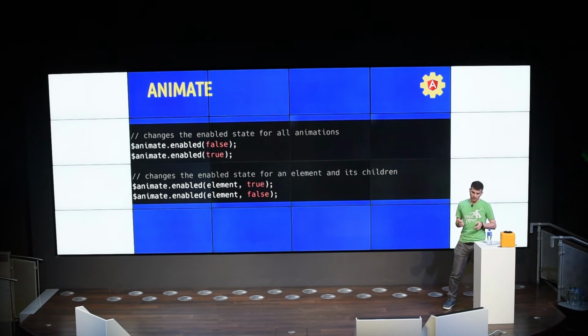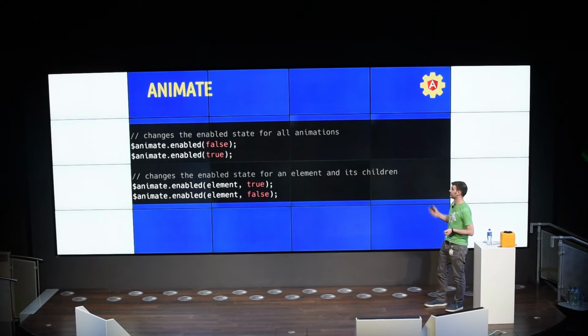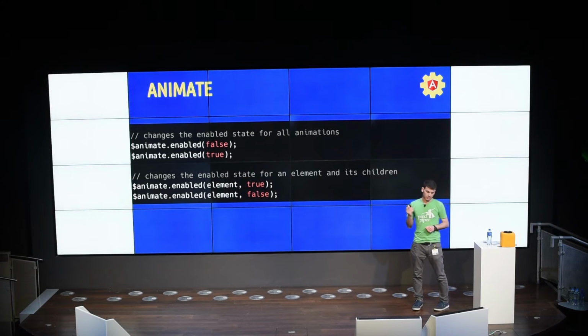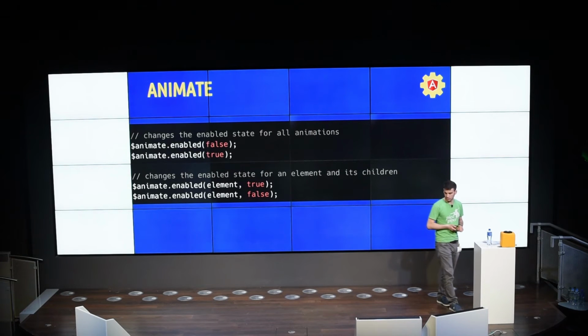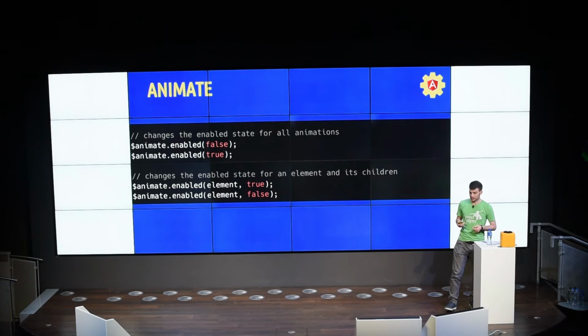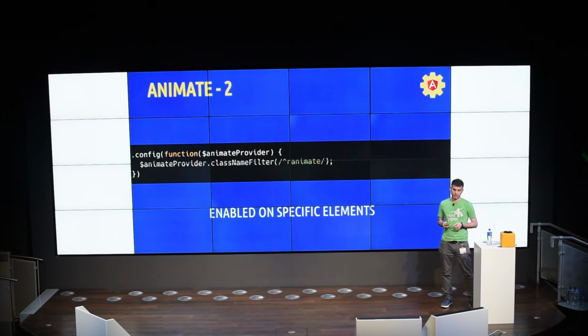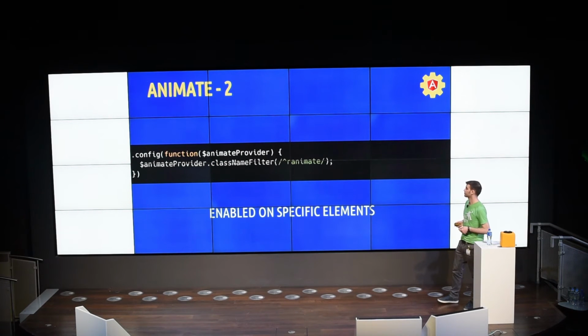But these classes are going to be added even if you're not performing any animation whatsoever on your elements. So what can you do? Well, you can use the $animate service and enable or disable it globally, or enable or disable it per element, or even more, the one that I prefer and that we use in Ryanair, is use the $animateProvider.